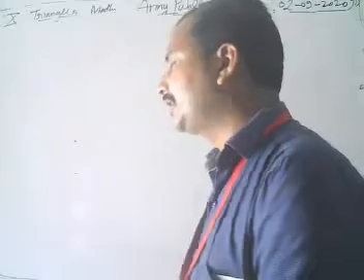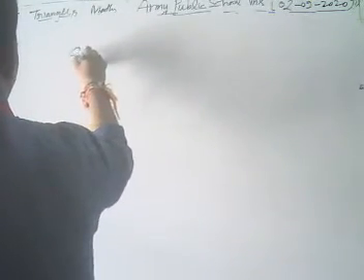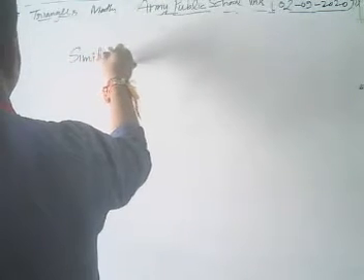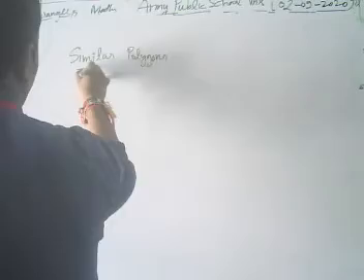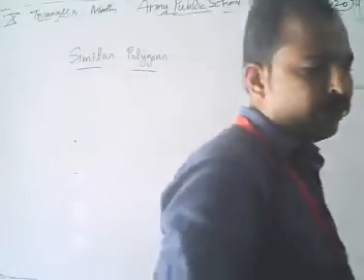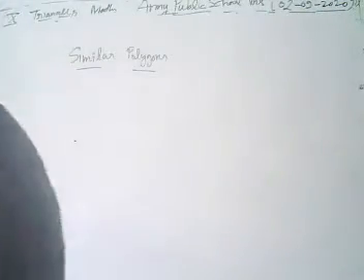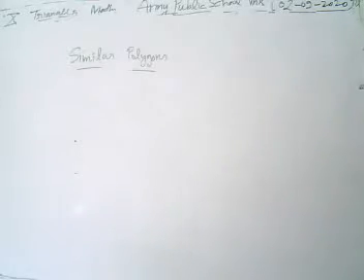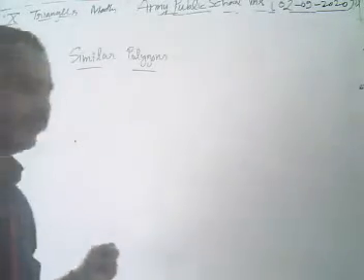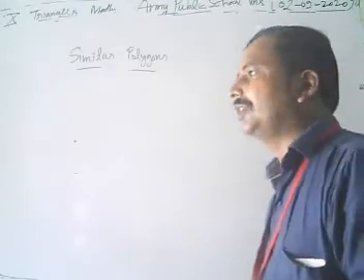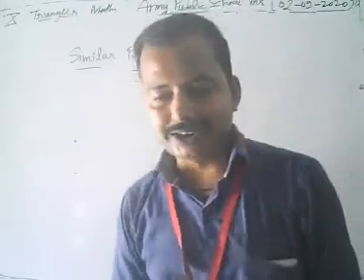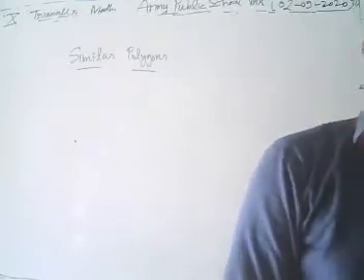First, what are similar polygons? Two polygons are said to be similar if they fulfill some criteria.